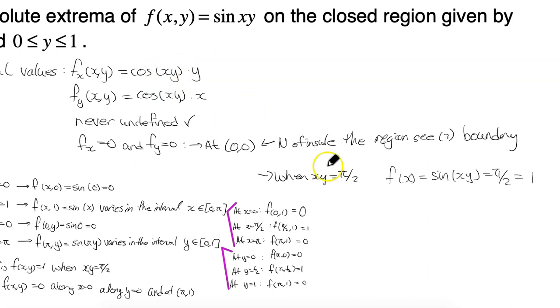So, in the domain, that is any point such that xy equals pi over 2, or we could say any point in the domain such that y equals pi over 2x. What is the value of f at these points? The value of f, if I plug in xy equals pi over 2, is simply sine of pi over 2, and that is equal to 1. Because xy equals pi over 2.